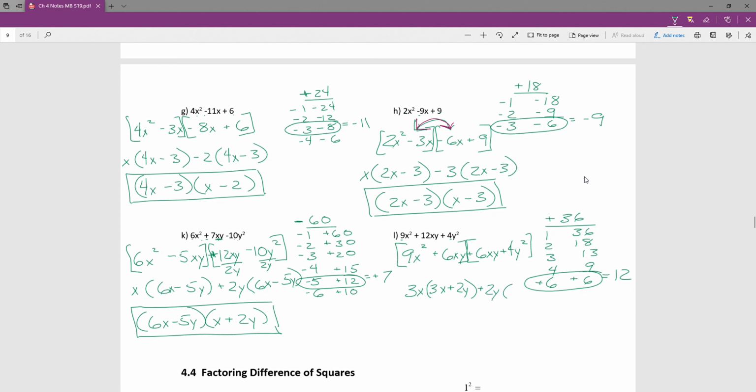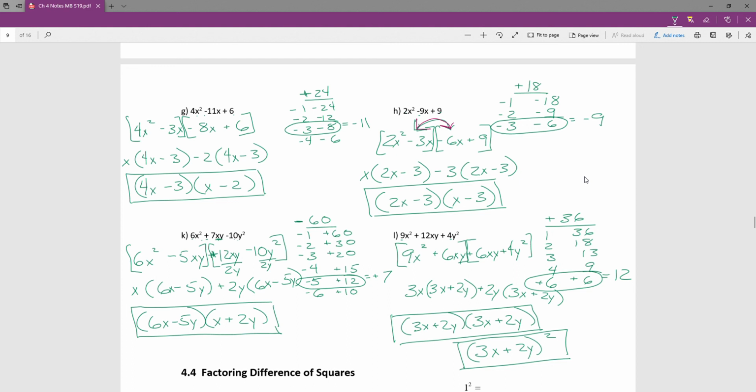And so that would leave me with a 3x plus 2y. So now it's that 3x plus 2y that's actually common to both of my big terms. And factoring that out, I'd have the 3x plus 2y squared. This one is acceptable as an answer, but it's also good to recognize that it is a squared binomial.